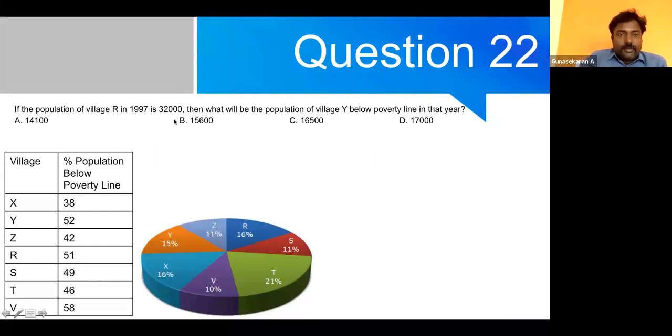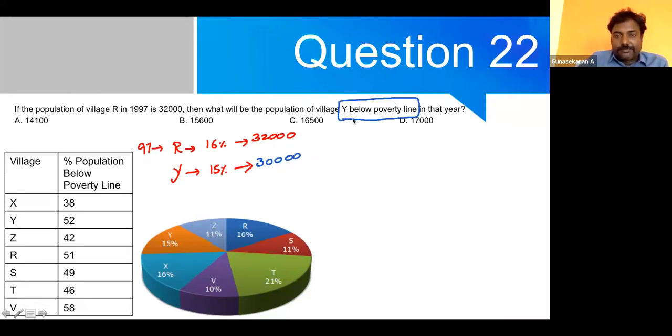See, village R population in 1997: $32,000. Then what is the Y population? First 15%, how much? 16% of 32,000 means 15% is 30,000. But they are asking for the BPL population.